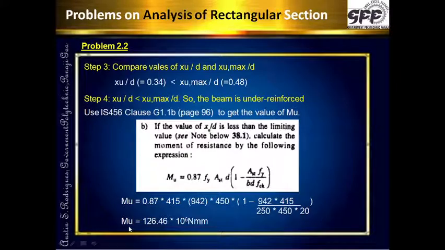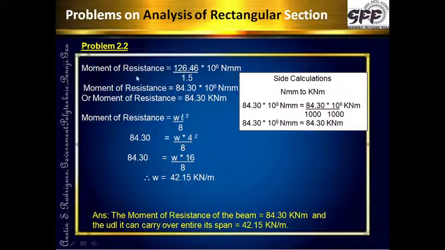So the ultimate moment this beam with this reinforcement, this cross section, this grade of concrete and steel can resist is 126.46 × 10^6 Newton mm. Now moment of resistance, that was the ultimate moment it can resist. Moment of resistance is obtained by dividing by 1.5, that 1.5 is the load factor to get the actual moment of resistance.